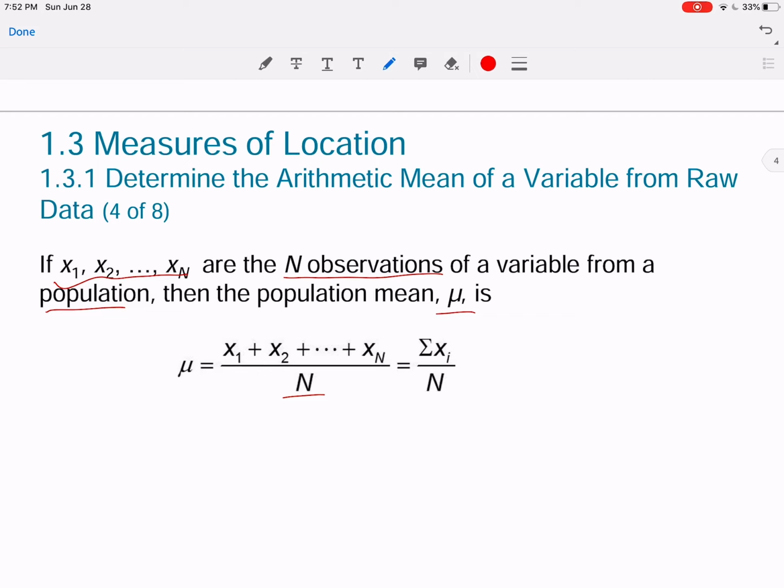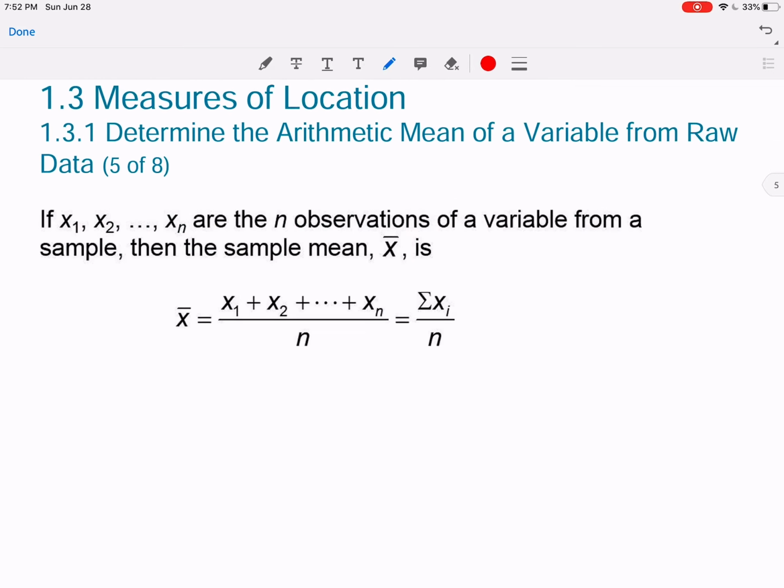If we want to make it look more clear, we can write the top in a summation form. This symbol over here is called a summation. This means the sum of all x values divided by the number of observations, capital N. That's the formula for the population mean.